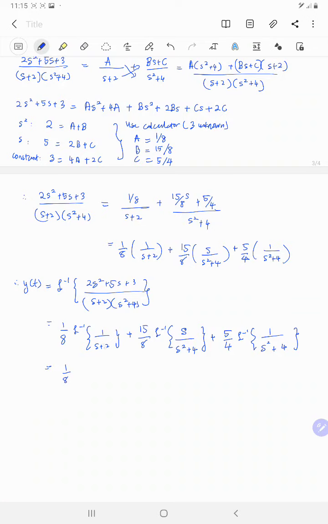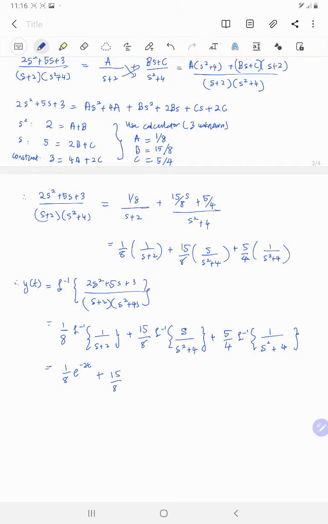Okay, now solve the inverse. You always look at the bottom. Since here is s plus 2 only, it must be exponential. Exponential what? Since positive 2, it's always the opposite sign, negative 2. Next, you look at the denominator at the bottom.